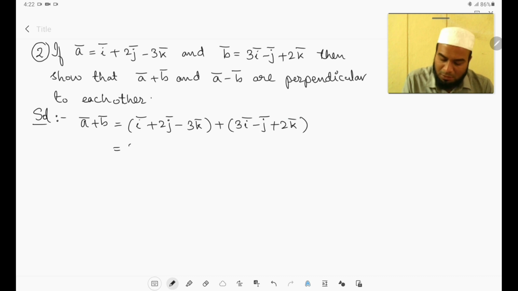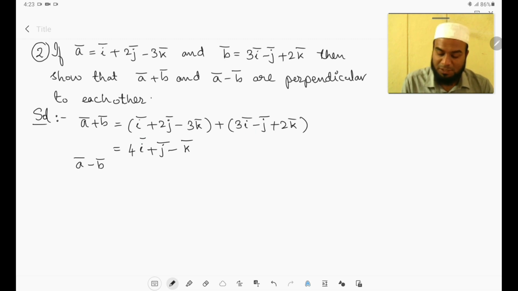So simply, 1 plus 3 is 4i bar, 2 minus 1 is j bar, and minus 3 plus 2 is minus k bar. So a bar plus b bar is 4i bar plus j bar minus k bar.